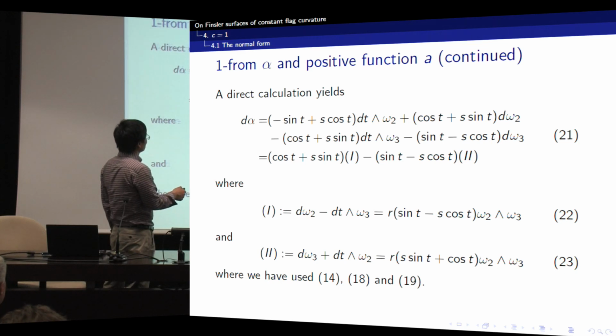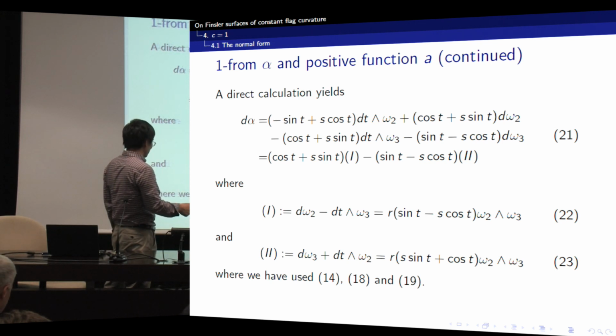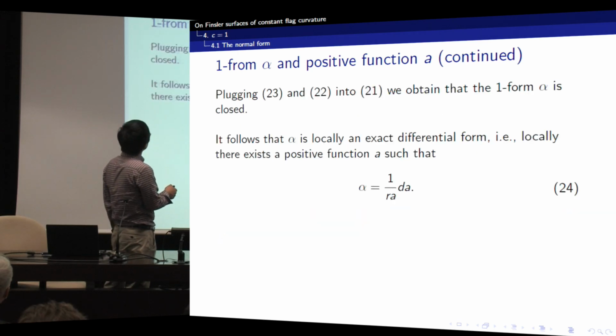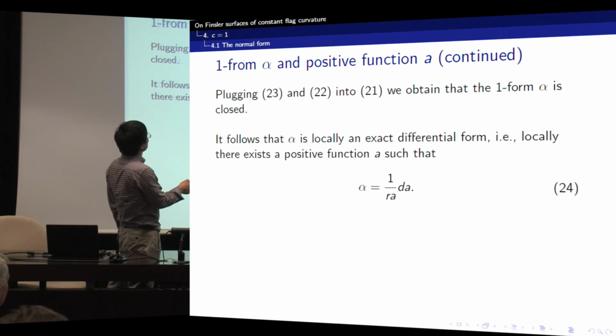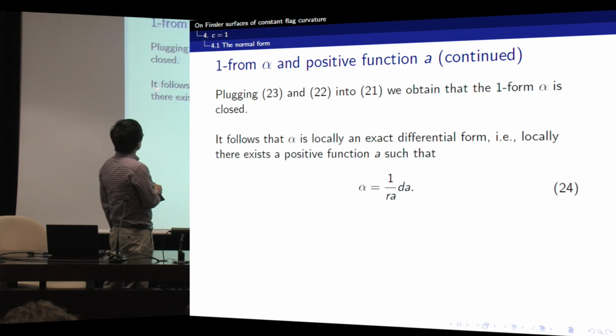Here, term 1 is defined by this, and term 2 is defined by this. Then we substitute 1 and 2 into this one. We can show d alpha is closed, which just means d alpha is equal to 0. Plugging 23 and 22 into 21, we obtain that the one-form alpha is closed.